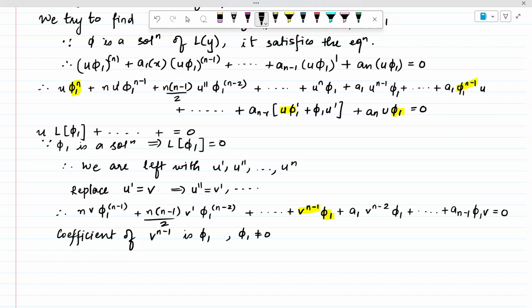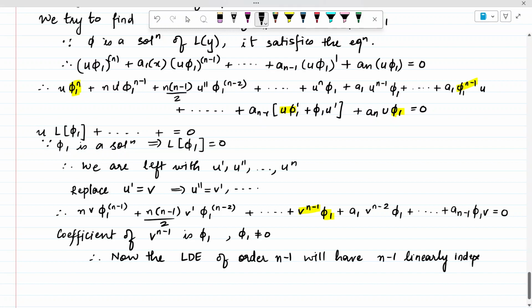So what we are going to do over here is that we will find, therefore, now this linear differential equation of order n minus 1 will have n minus 1 linearly independent solutions.